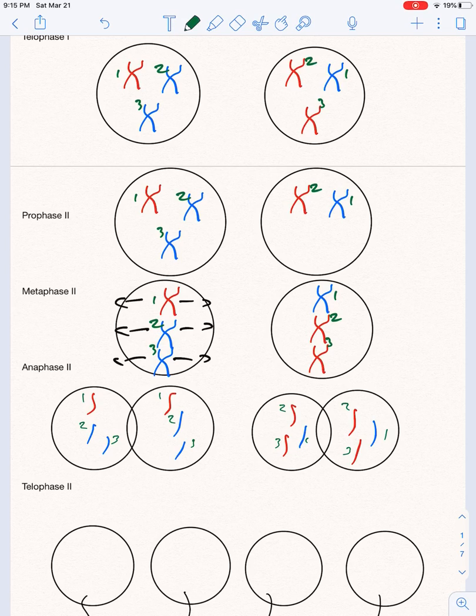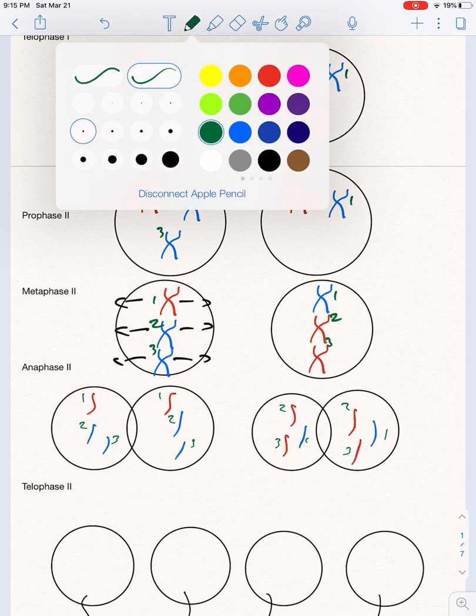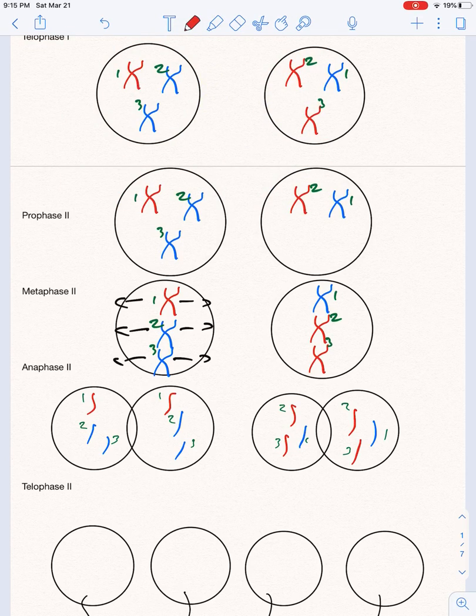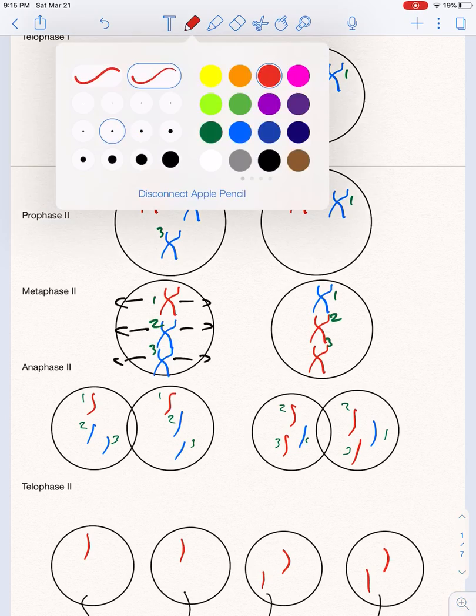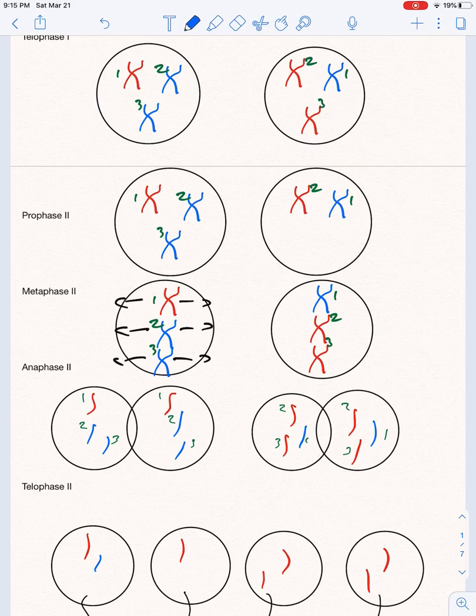And in telophase 2, essentially, we end up with something like this. And this.